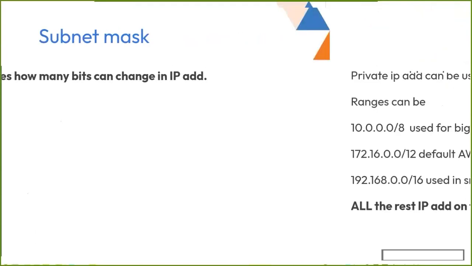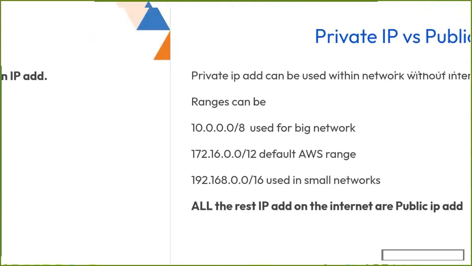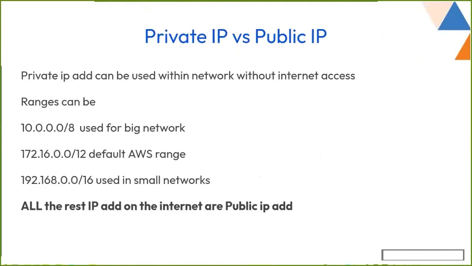Okay, we have private and public IPs. If you have a big organization and want a big network, you can use a class A IP address, which is 10.0.0.0, and you can create a big network.